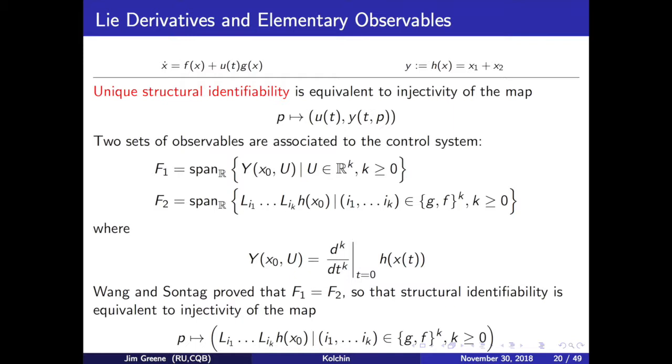So instead of asking whether the map from the parameters to the output is identifiable, it becomes the map to the iterated Lie derivatives. Is that injective? That's what the question becomes. It's enough to look at the iterated Lie derivatives of the vector field to answer the question of structural identifiability.